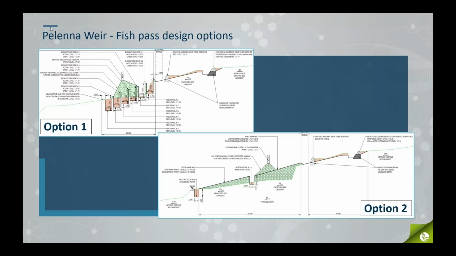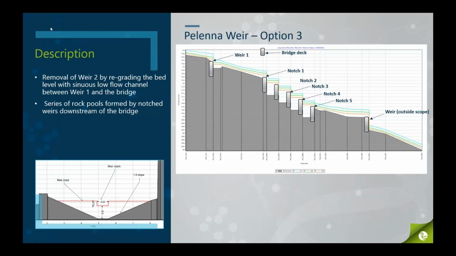So we tested both of those. We gave the results back to my colleagues who had a look at that, and they came up with a third option, which is most closely related to option 1. It was basically the same, but they reduced the number of pools to 4 downstream of the bridge rather than having 6.